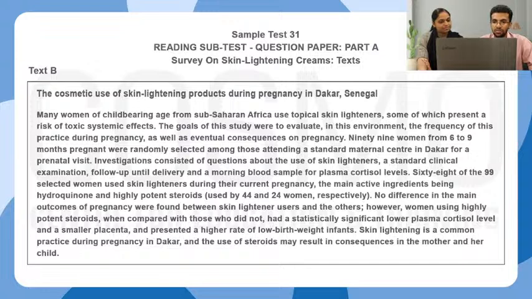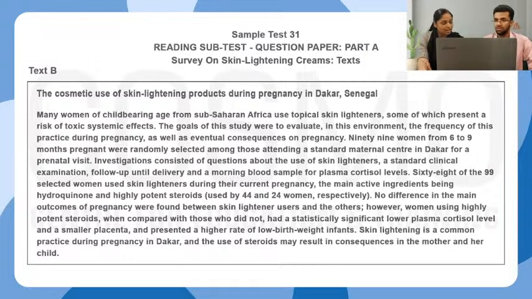Text B, the heading is cosmetic use of skin lightening products during pregnancy in Dakar, Senegal. So I believe pregnancy is one keyword, right from the heading itself. Then sub-Saharan Africa. Then skin lightening. Then there's also percentages, right? 68 of 99 selected women use skin lightening.